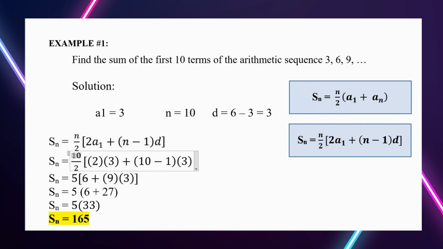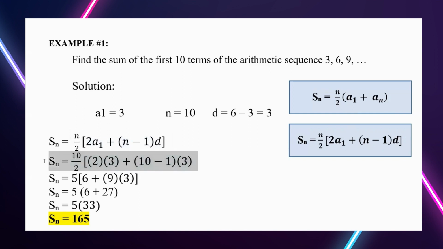So, ang n natin ay 10 all over 2 times the product of 2 and the first term, which is a sub 1, at ang value niya ay 3. Plus the quantity of n minus 1 na kung saan ang value ng n natin ay 10. Minus 1 times the common difference na kung saan ang value ng common difference natin ay 3.